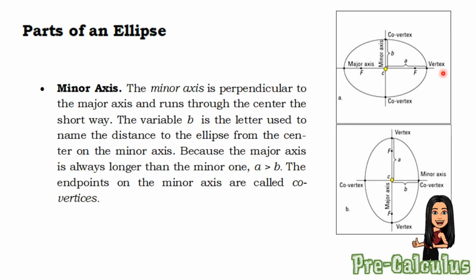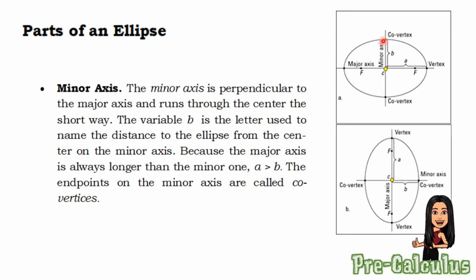So sabi dito sa definition, yung minor axis is perpendicular to the major axis rather. So therefore, our minor axis here is the y-axis. And the endpoints of this minor axis are called covertex or covertices kapag dalawa.